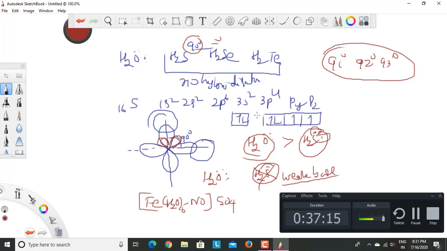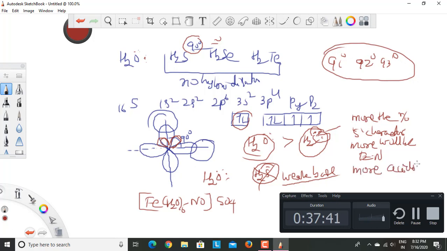Out of two lone pairs, one lone pair is S. So the more the percentage S character, the more will be the electronegativity. The more the electronegativity value, the more will be the acidic character. The more the acidic character, the less will be the basic character. So these things can be explained only by Drago's rule.